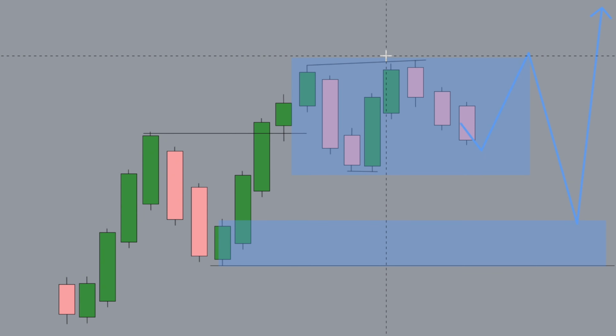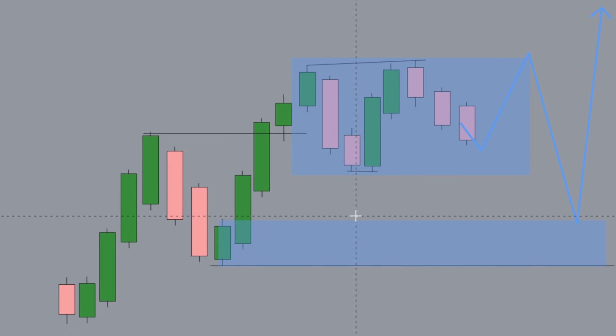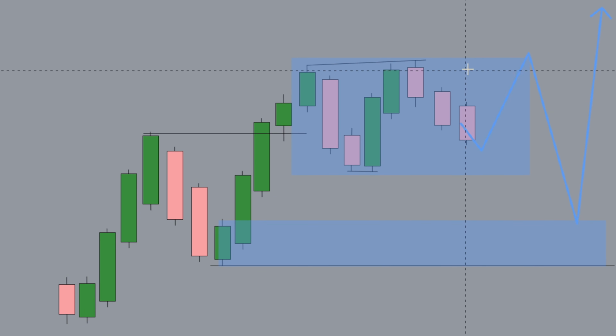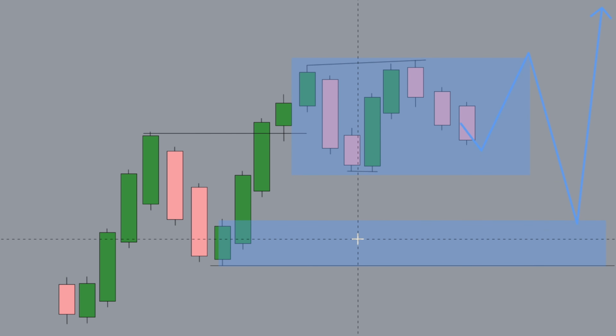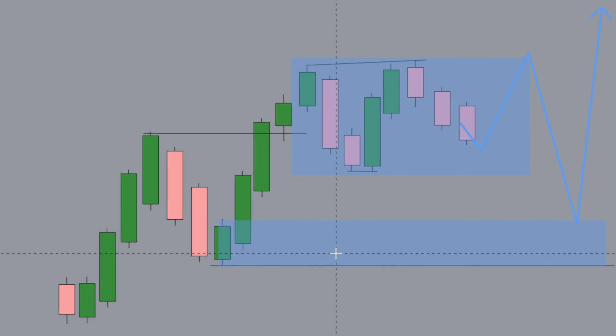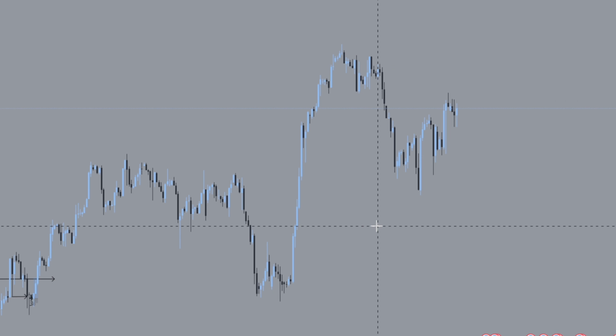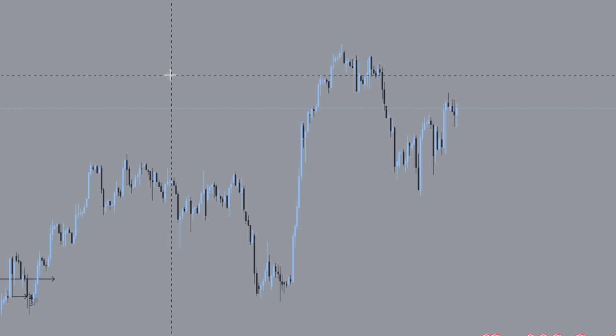So this is ideally the kind of setup you want to find, because ultimately what's happening here is generated liquidity, sweeping liquidity. So let's go ahead and hop onto the live charts.